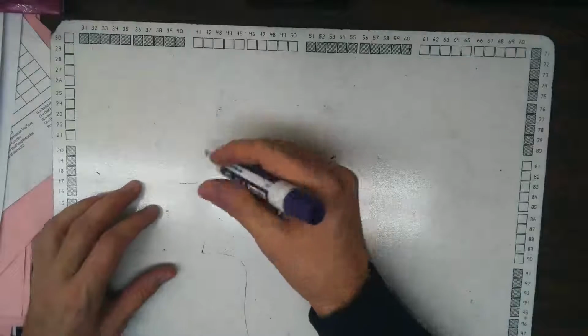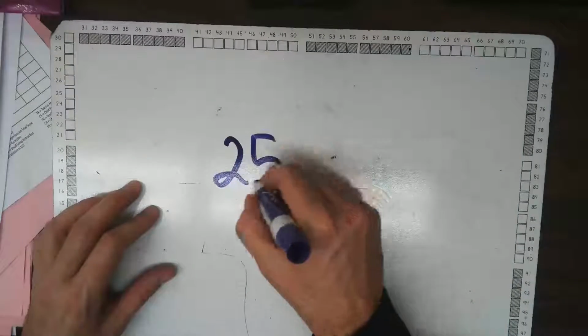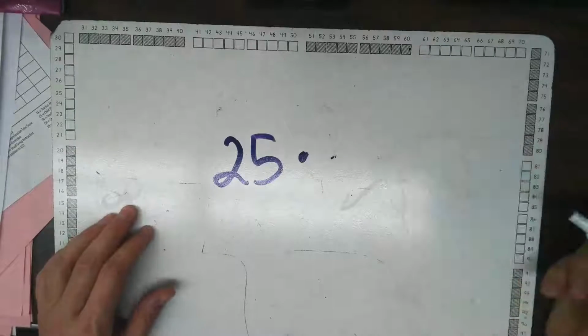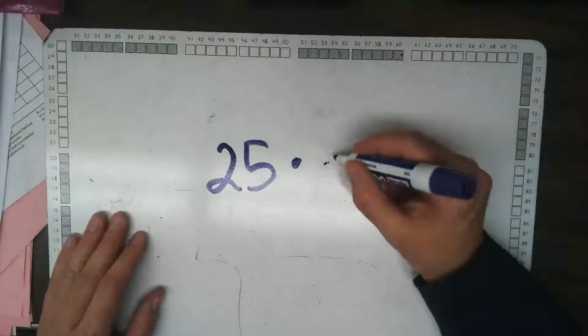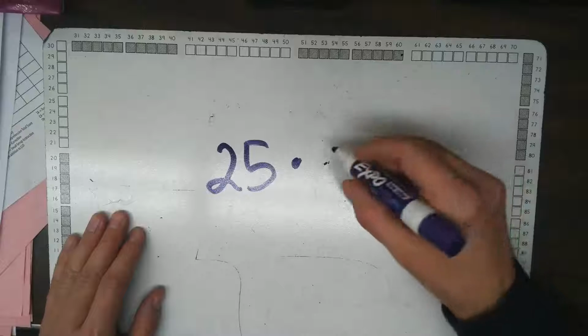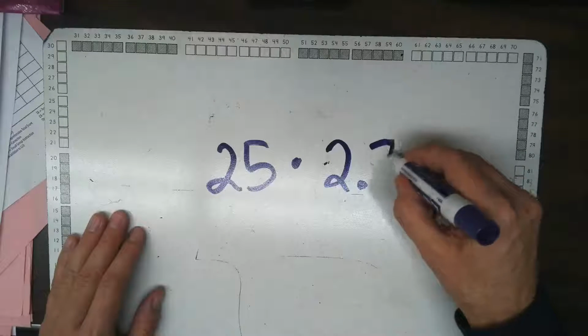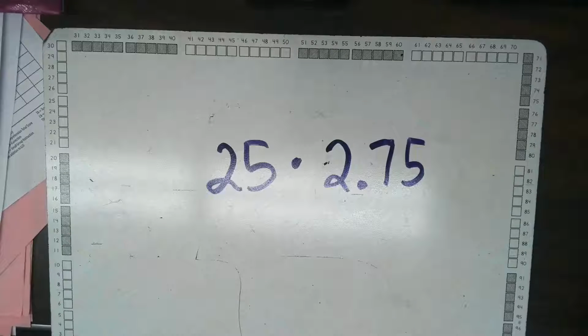Here's an example. Let's pretend I have 25, okay? And I'm going to multiply that. Let's use a larger number. Let's say we're going to multiply that times 2 and 7/500, okay?